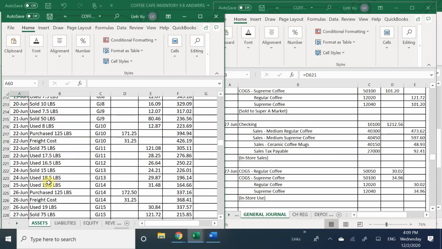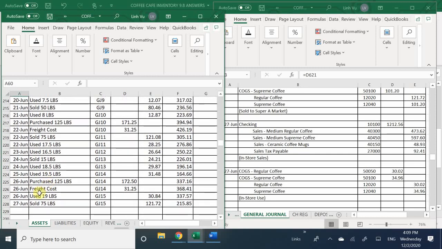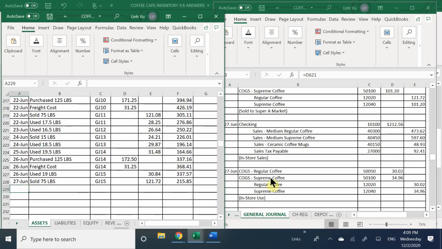Okay. We use Regular coffee, 627. Used 18.5 pounds. General Journal 15.